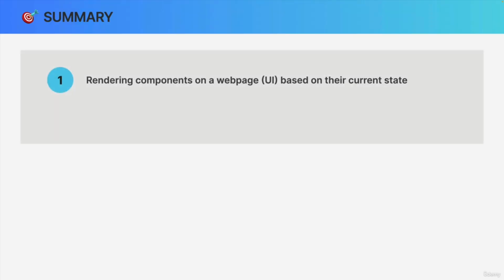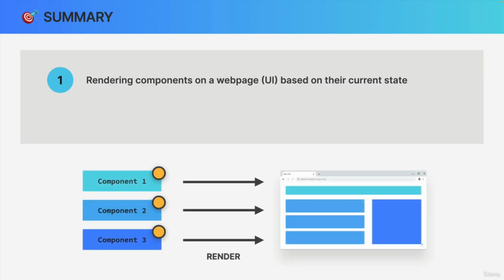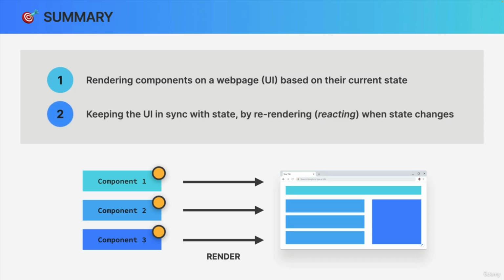Okay, so to summarize, React is really good at two things. First, rendering components on a web page as a user interface based on their current state. And second, React is really good at keeping the user interface in sync with state by re-rendering, or in other words, by reacting when the state of one of the components changes.